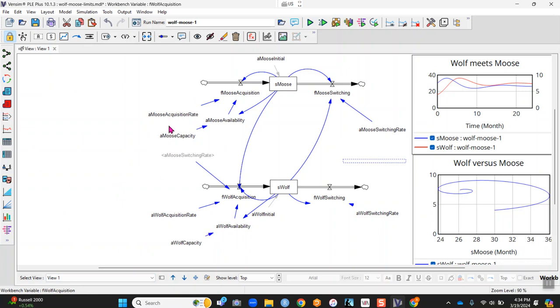Acquisition rate, acquisition rate. We can make that endogenous too, but it doesn't really matter that much. It could help a little bit with the dynamics and the reality of what we're trying to show. But let's figure out how to make wolf and moose capacity somehow dependent upon something else.